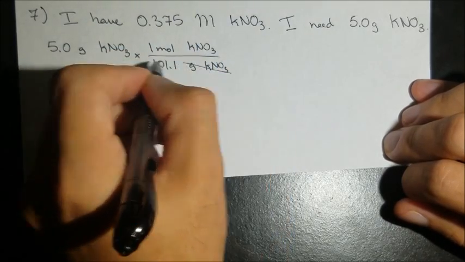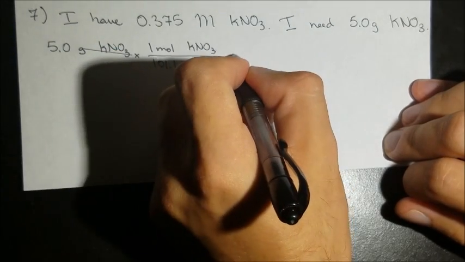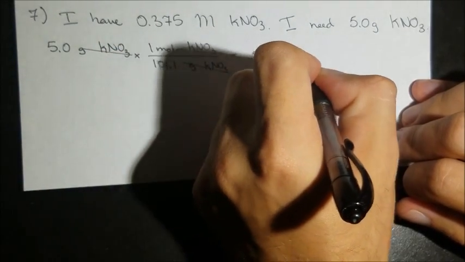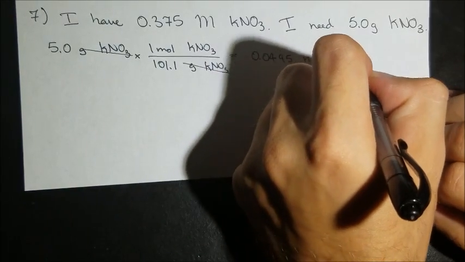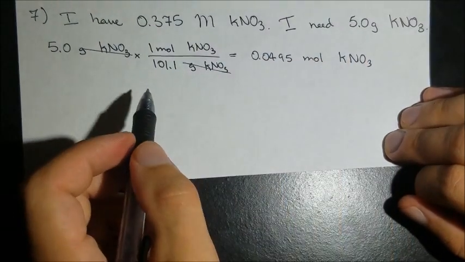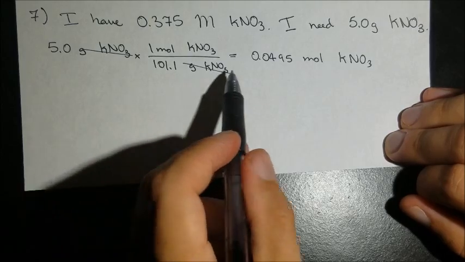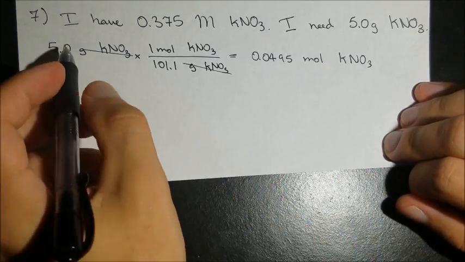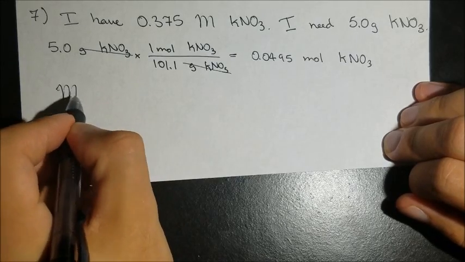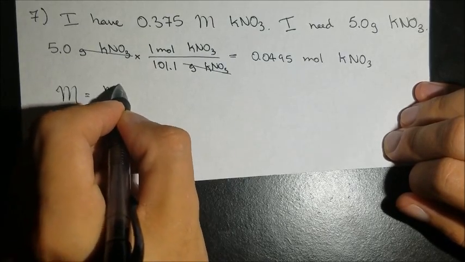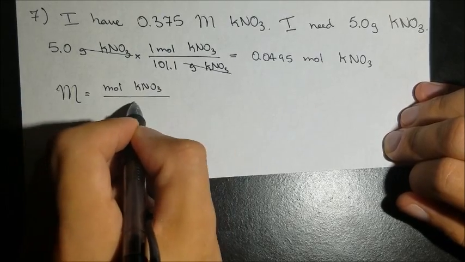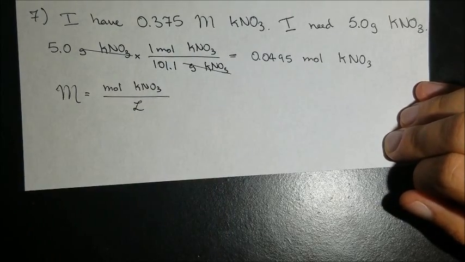So my grams of potassium nitrate cancel, and now we are in moles of potassium nitrate, which is 0.0495 moles of potassium nitrate. So this is how much we need. And why did we convert into moles of potassium nitrate? Because if we remember, the definition of molarity is moles of potassium nitrate per liter of solution, right?